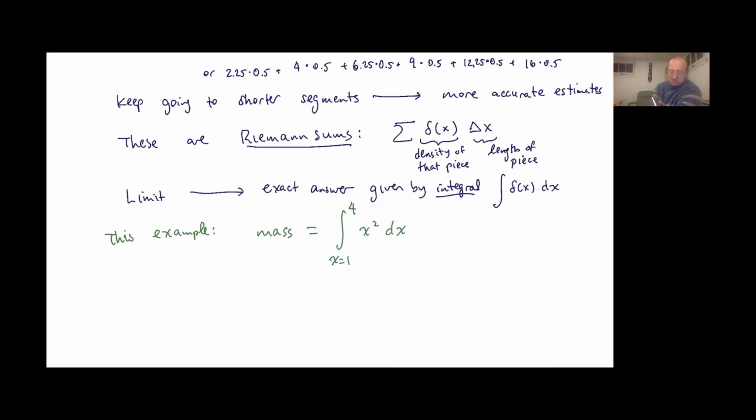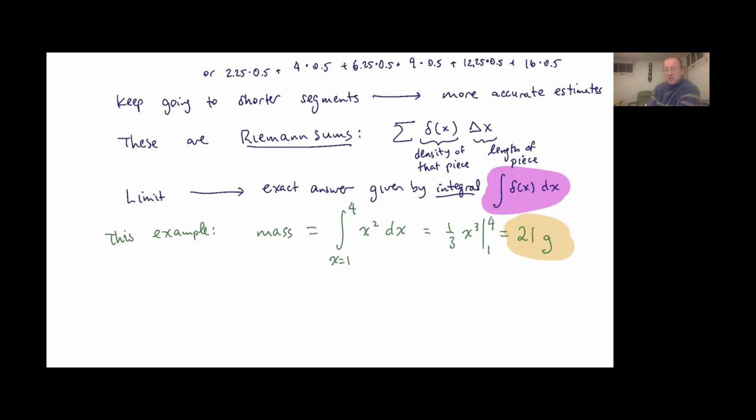Well, that's 1/3 x cubed from 1 to 4. And if you work out the arithmetic, you get 21 grams. And that's the mass of that wire. And these integrals allow us to handle wires with variable density.